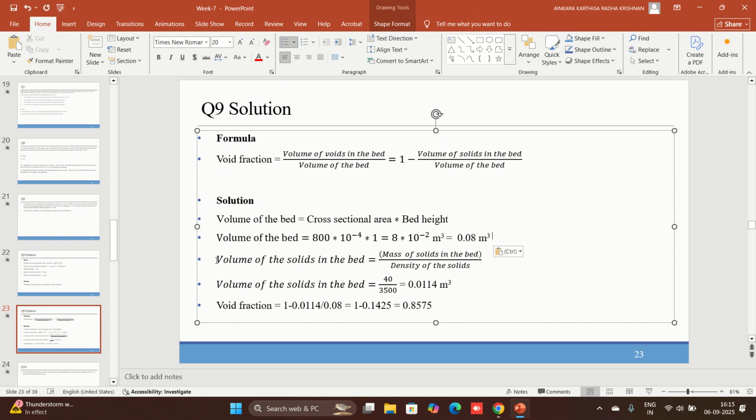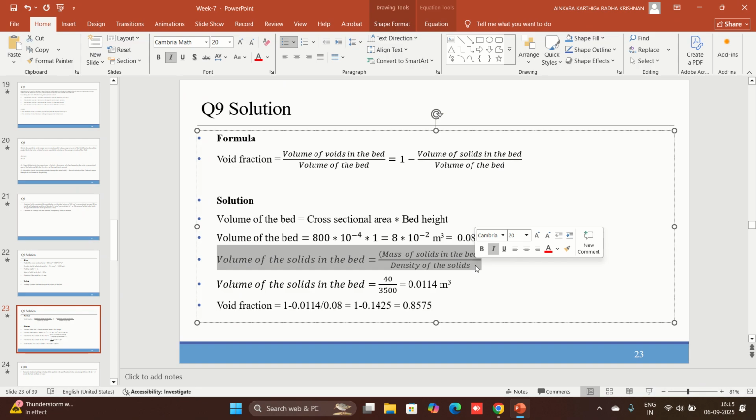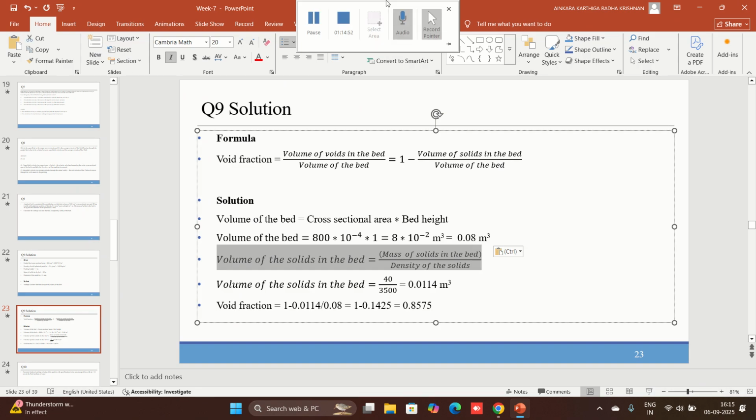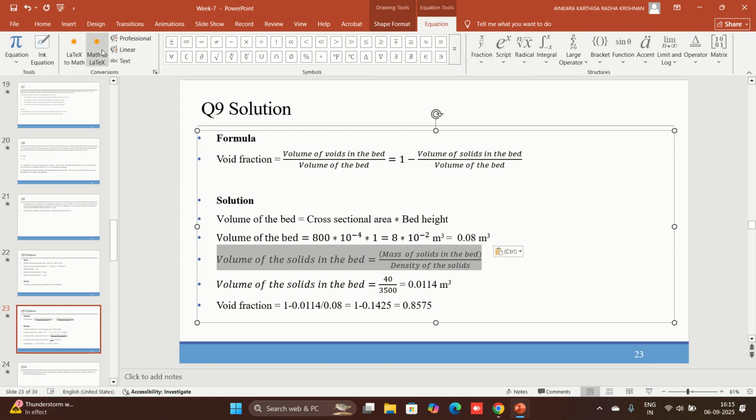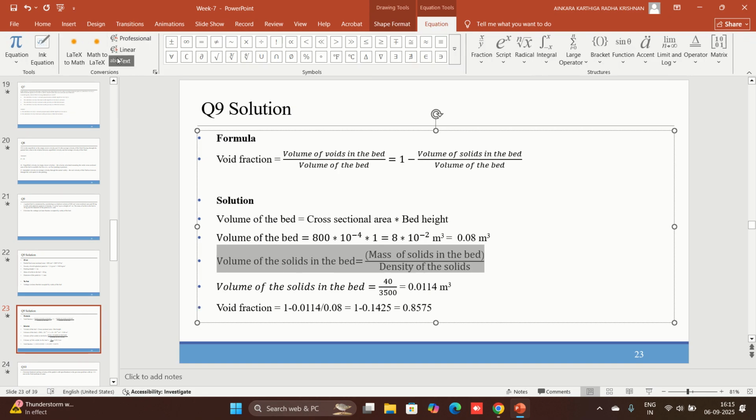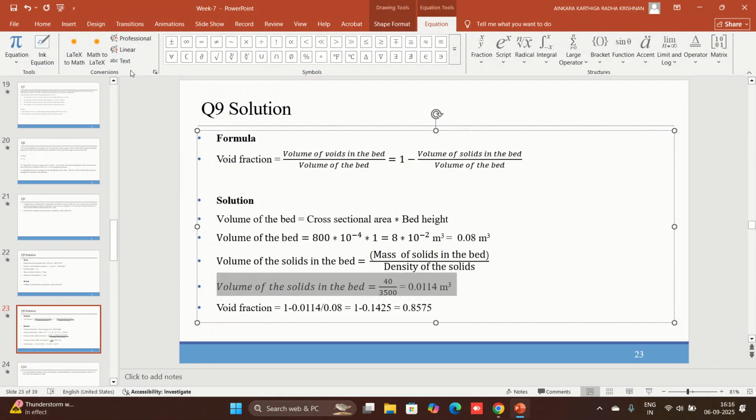And volume of solids in the bed is equal to mass of solids in the bed by density of the solids. Therefore it is equal to 40 kg by 3500 kg per meter cube.